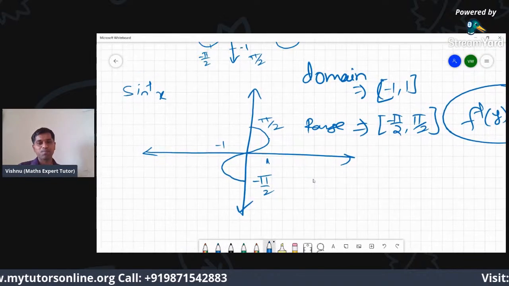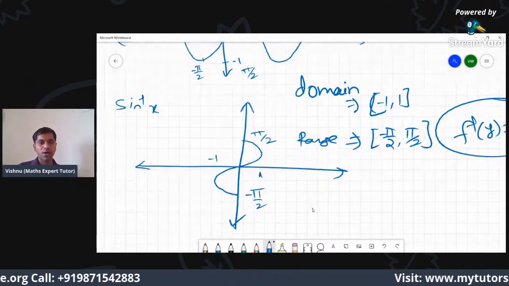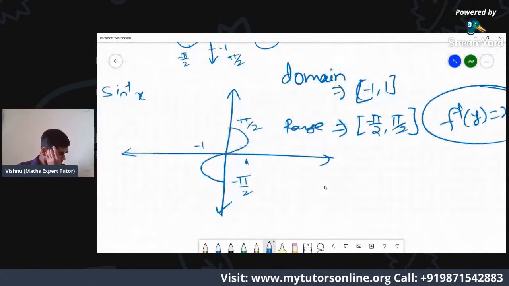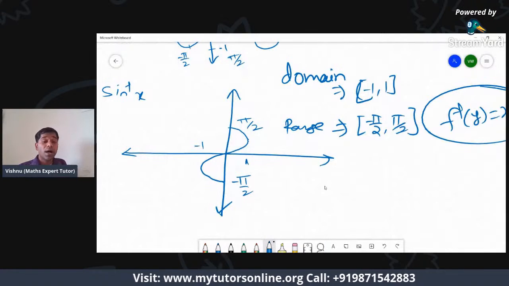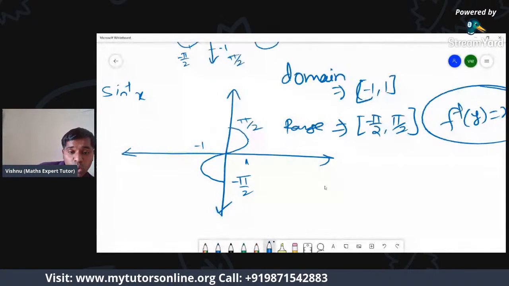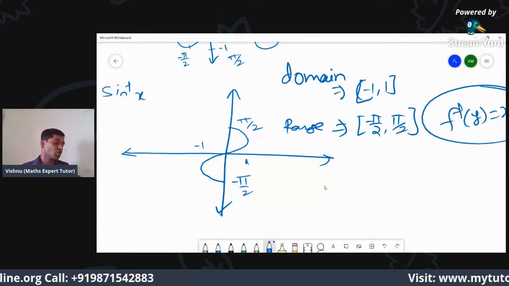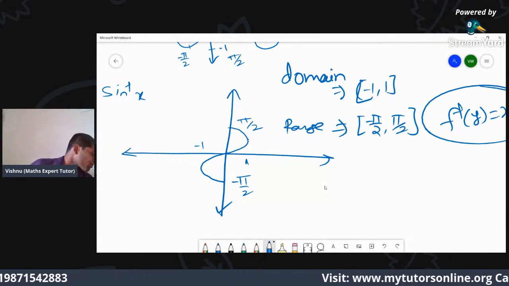I hope you are clear with the graphs of sine inverse x and sin x. Next, what we are going to do is see the domain and range of some functions.